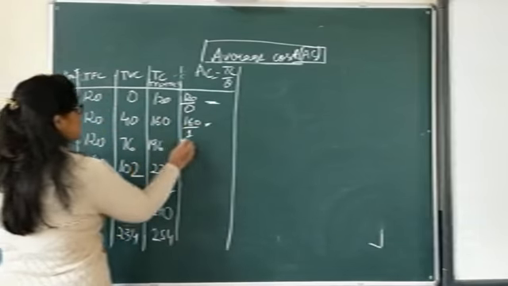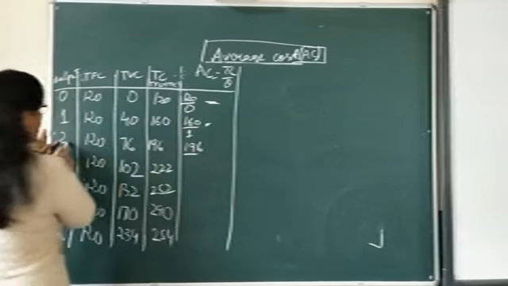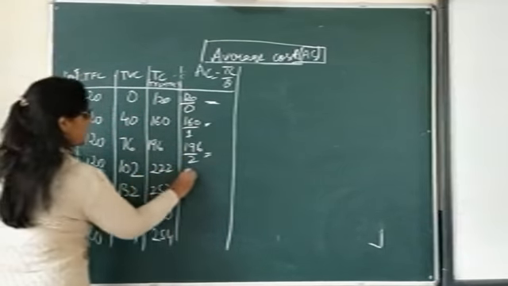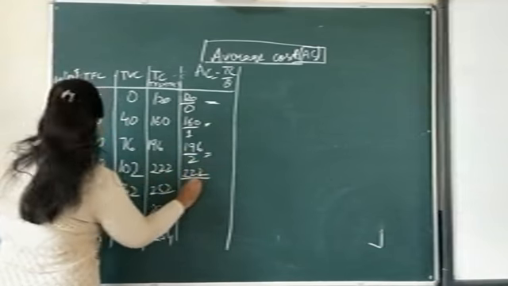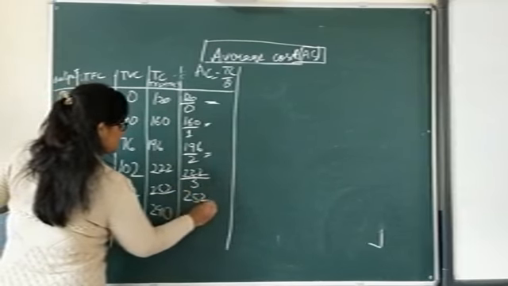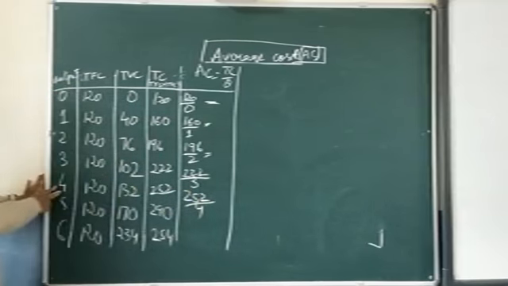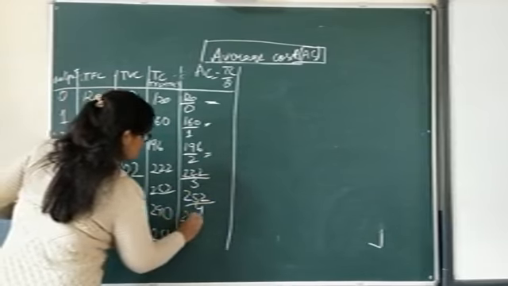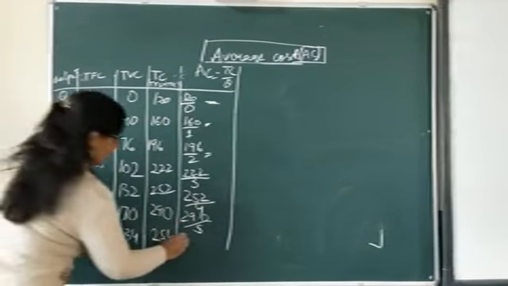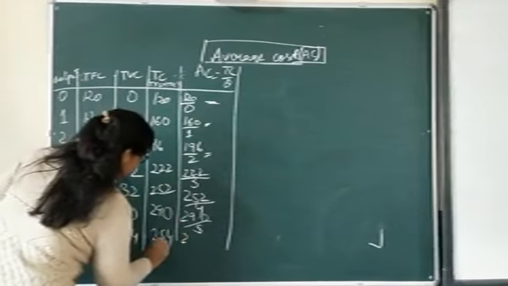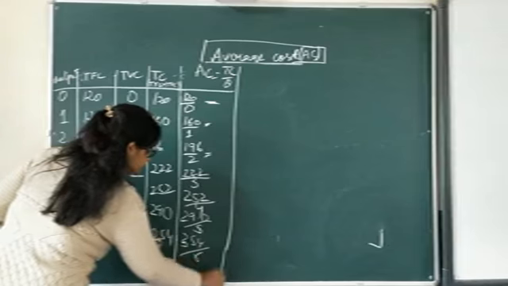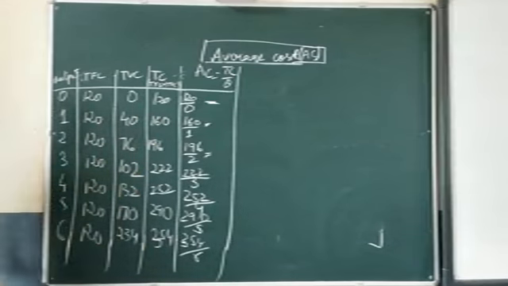Third one is 196 upon 2. Fourth one is 222 upon 3. Then 252 upon 4. Fifth one is 290 upon 5. And sixth one is 354 upon 6. Is it clear to all of you?